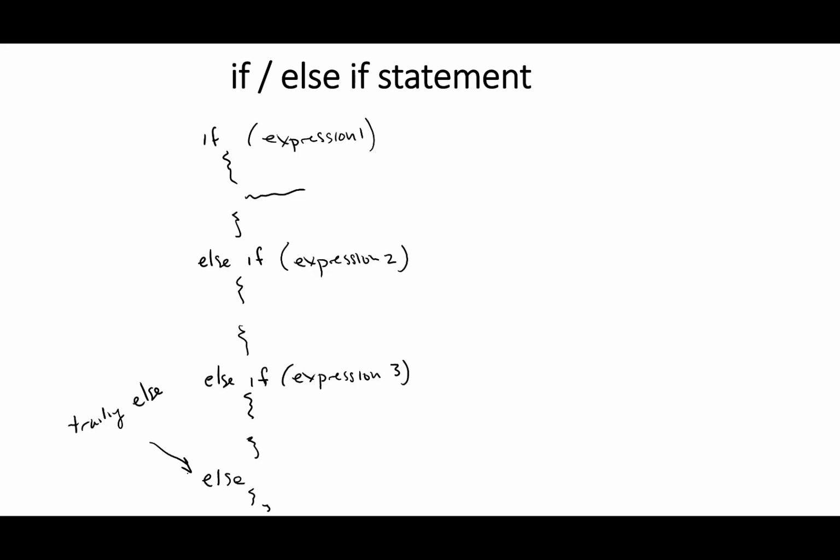So it's kind of a fail-safe in your program. Say you're expecting input from the user and the user doesn't enter what you're expecting, this trailing else will catch that and warn the user that they didn't enter a valid input.